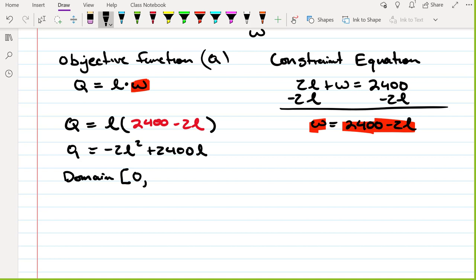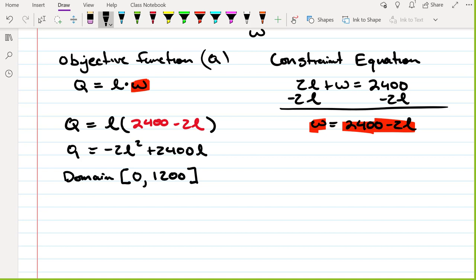Because W has to be positive, if L is 1200, 2 times 1200 is 2400, and 2400 minus 2400 is 0. So the feasible domain of this problem is from 0 to 1200. If we checked any values outside of that, we would see that Q would have negative values, and since area can't be negative, it's not going to be in the domain.